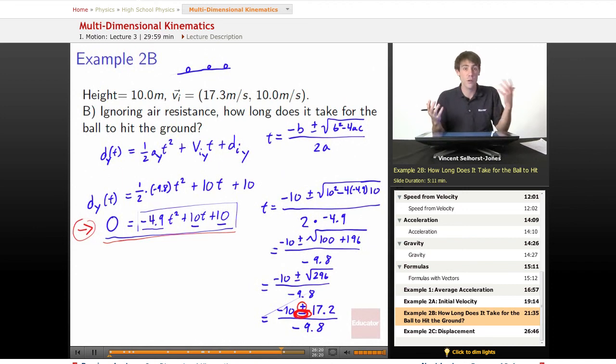But the negative answer we know can't work, so we have to choose which sign gives us a positive time. We chose the negative one, so we can knock out the positive one, and we get 2.78 seconds. So that ball has 2.78 seconds of flight time before it hits the ground.